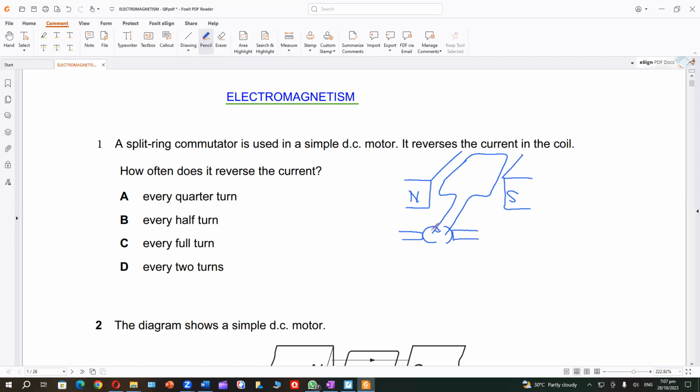This is called a split ring commutator. Look, this is the split ring commutator, and it is a half ring.